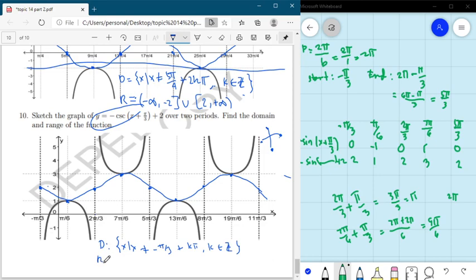And the range is from negative infinity to 1, so parenthesis negative infinity, then 1, close, union with, from 3 to positive infinity.